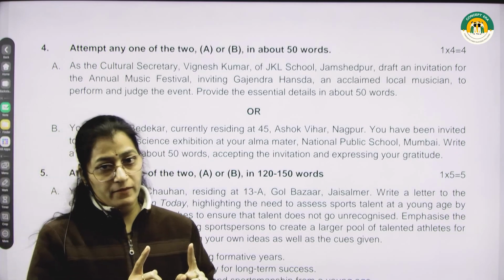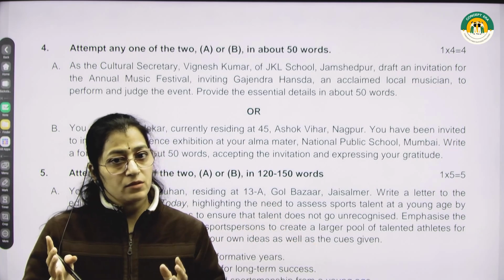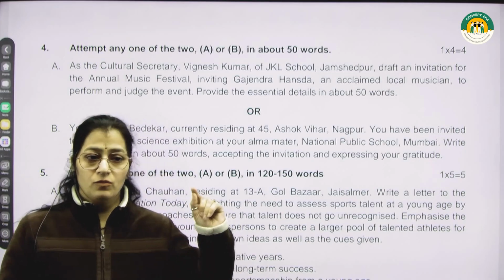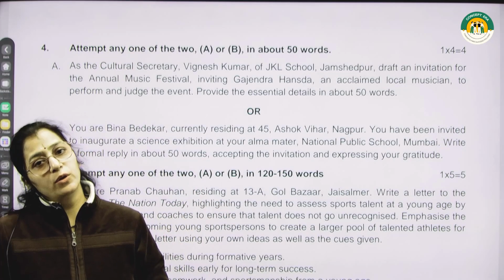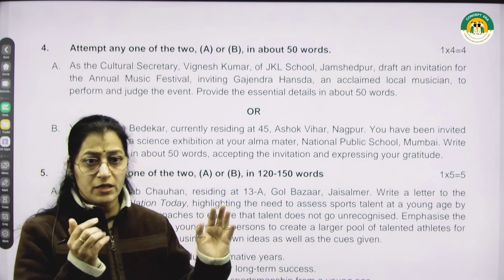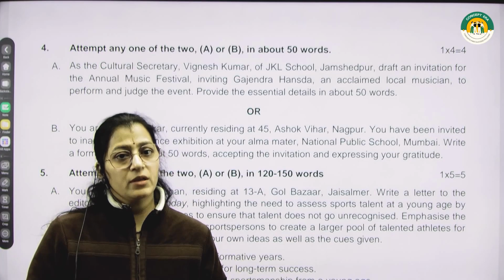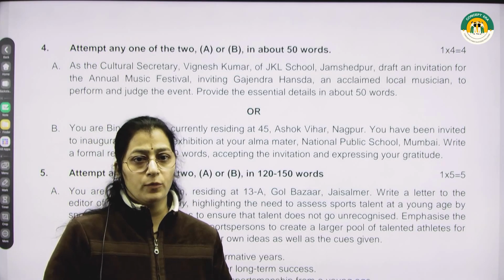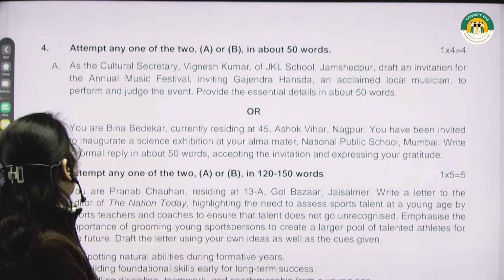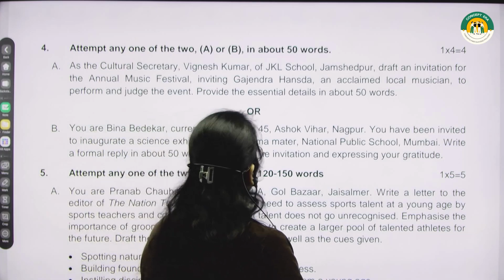One person, right? Whoever is writing this is going to invite 1 person. What format are you going to follow? You are going to follow letter format here. So keep in mind that if you are writing an invitation for 1 person, the format is letter format. Now moving to the next question, the internal choice part. Here it is given: You are Meena, currently residing at 45 Ashok Vihar, Nagpur.